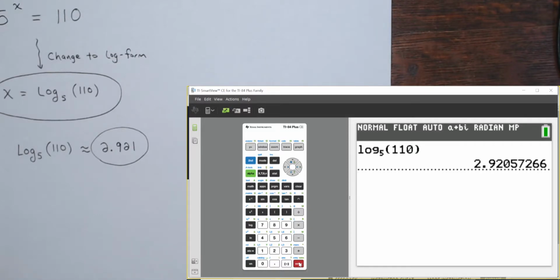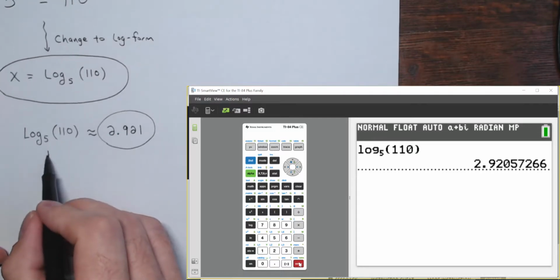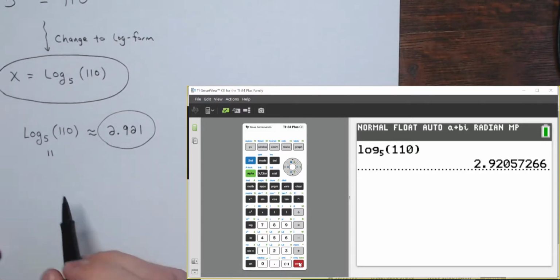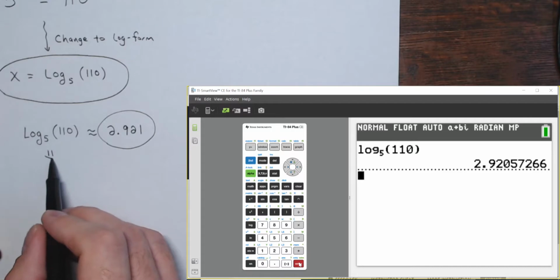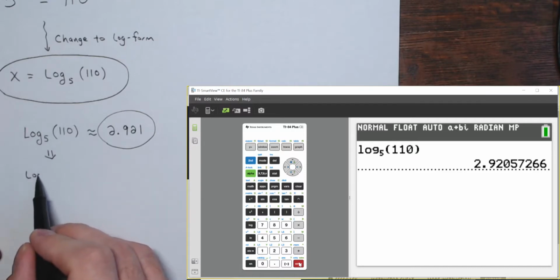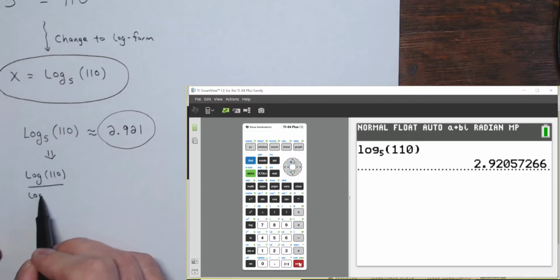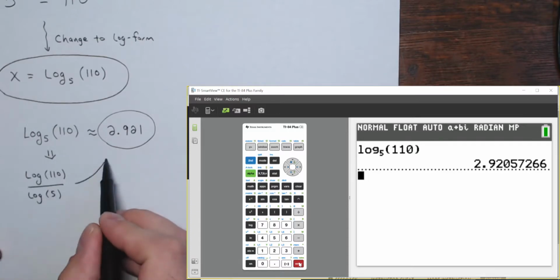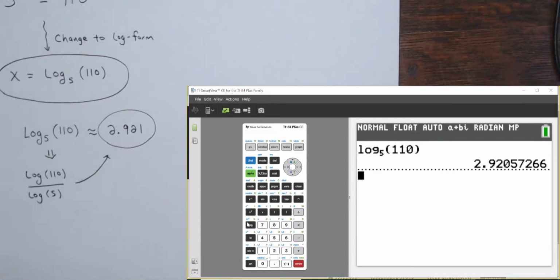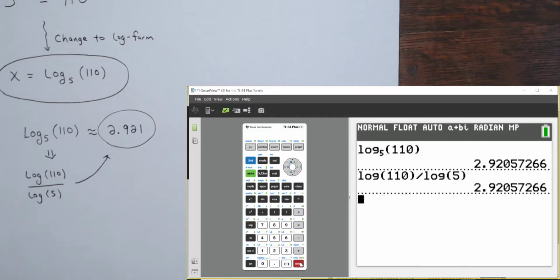Now again, I could also have used the change of base. This log base 5 of 110 is the same as the log of 110 divided by the log of 5. And I'd get the same exact thing. Let me just double check, show you that here. The log base 10 of 110, and then divide by the log of the original base, of 5, and you get the same value.